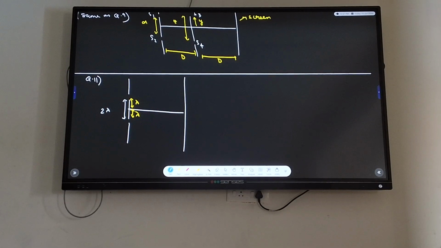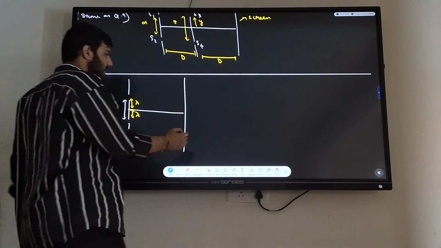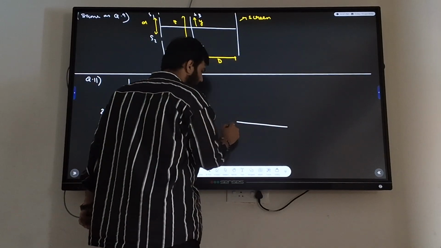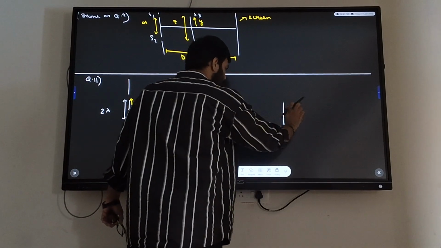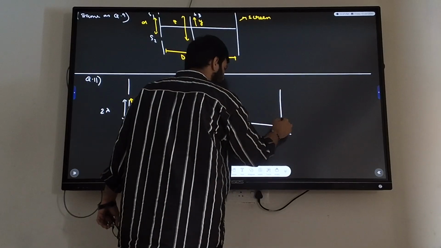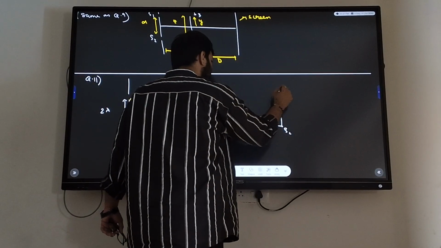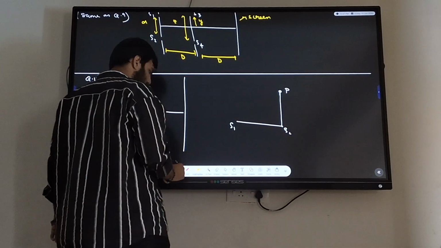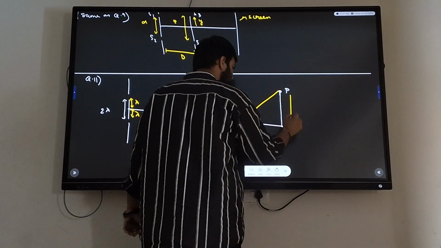Consider a line passing through S2 and perpendicular to the line S1 S2. Let me make this S1 S2 line, and now you consider a perpendicular that is going to touch the screen somewhere, let's say at some point P. Let me connect this point as well, and let's say this distance is x.